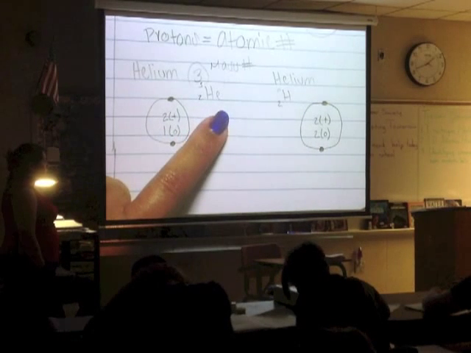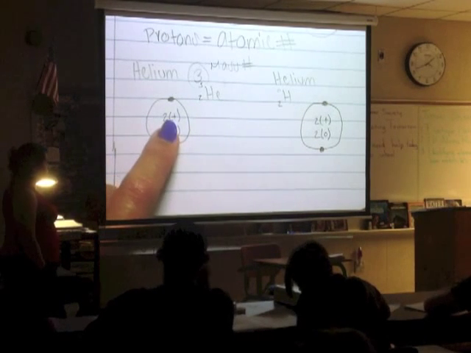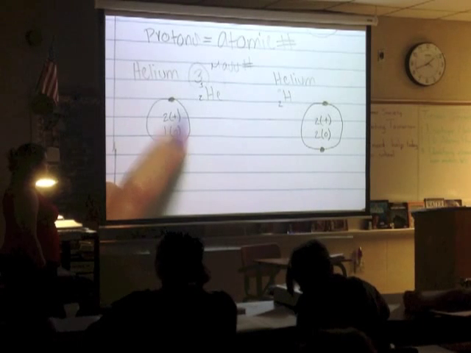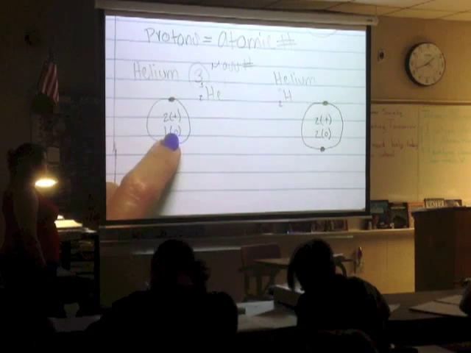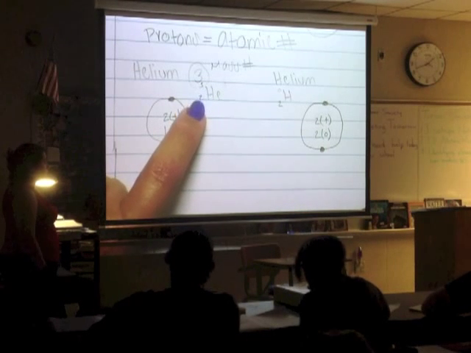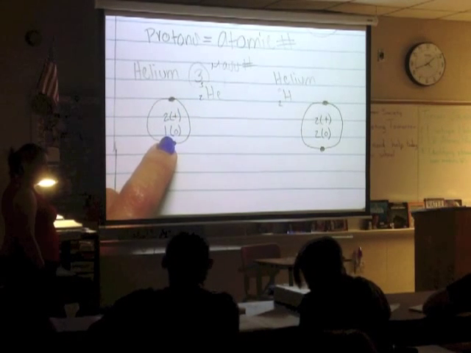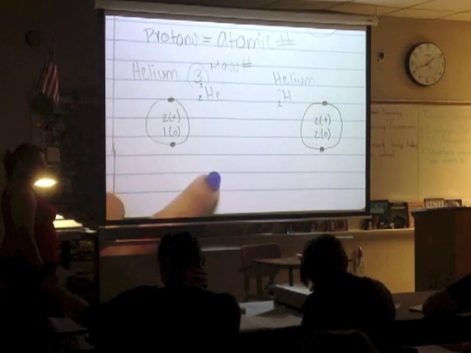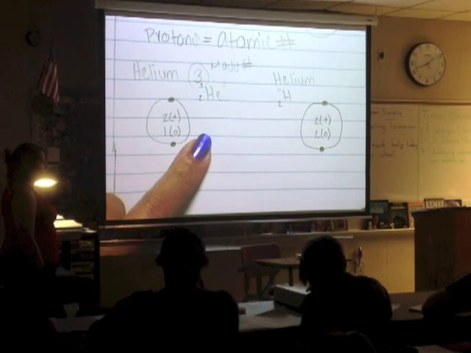Your atomic number gives you your number of protons, which is 2, and 2 electrons. Your neutrons is mass number minus atomic number. So 3 minus 2 gives you 1. So this is correct. Any questions on how she got that?